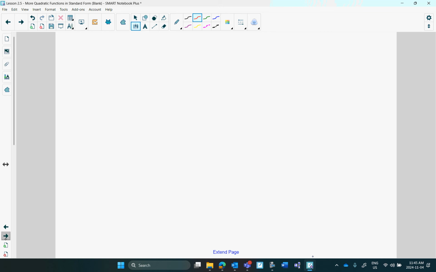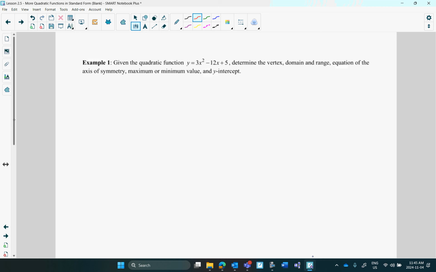Okay, so first example. We've got a function in standard form. I want to know a bunch of properties: vertex, domain and range, equation of axis of symmetry, max or min value, y-intercept.